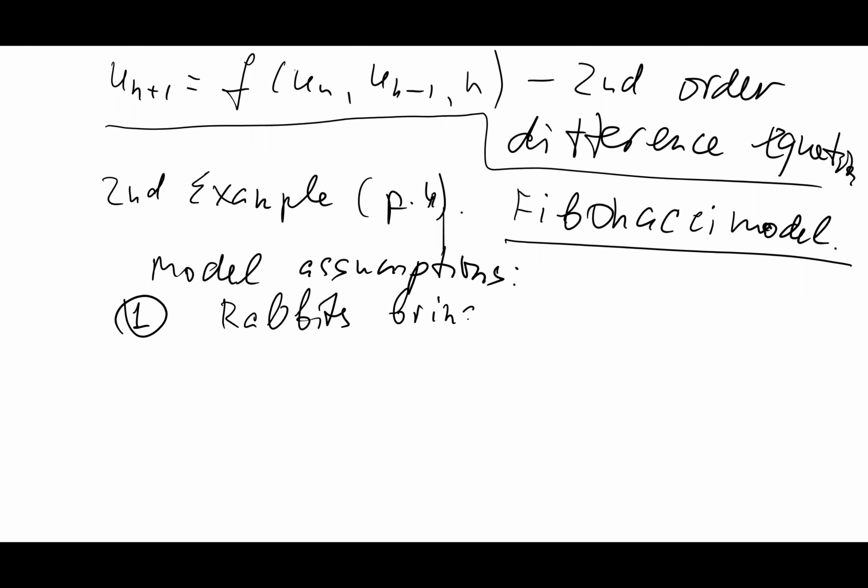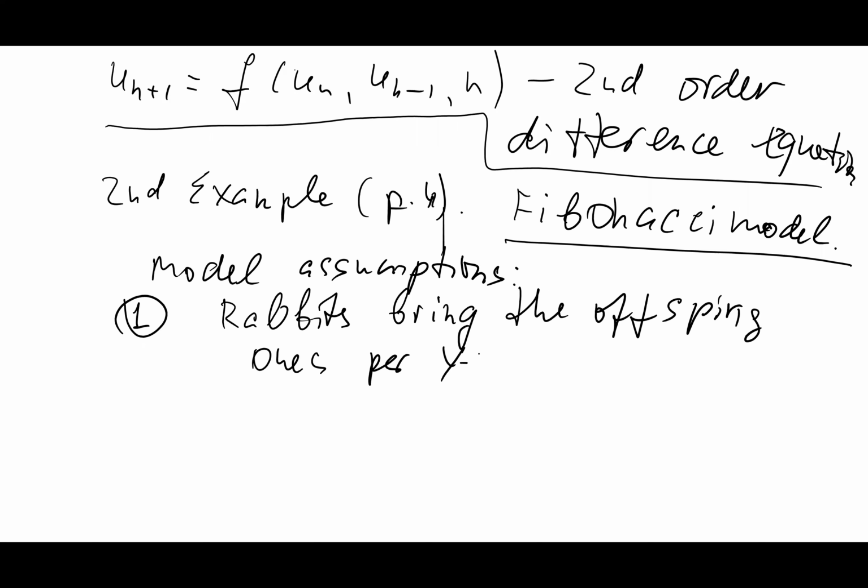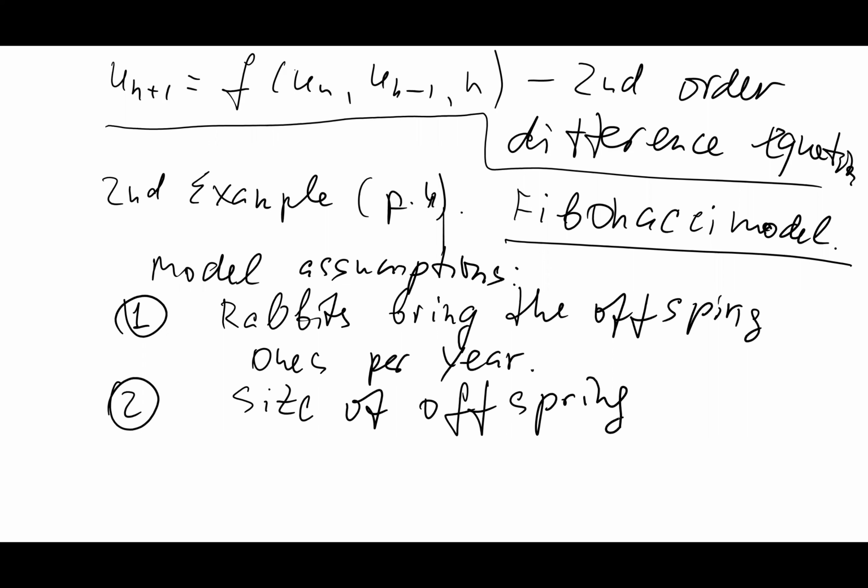It can be reformulated, but let's leave it like this: rabbits bring offspring once per year. Second assumption, the size of offspring is one pair of rabbits.